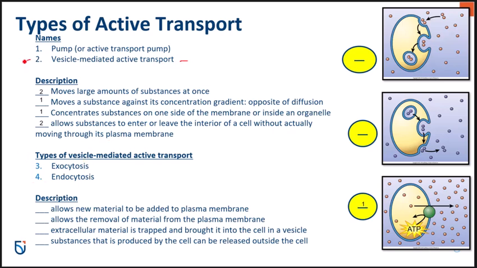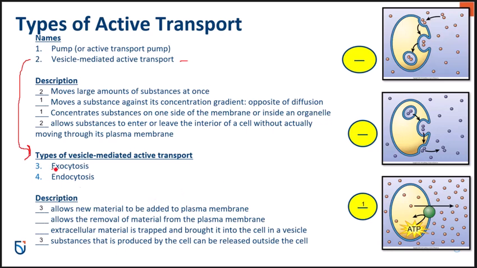And they are here. So these two types of vesicle-mediated transport, exocytosis and endocytosis, were introduced already to you, but to look a little bit more closely at them, the first one is exocytosis.